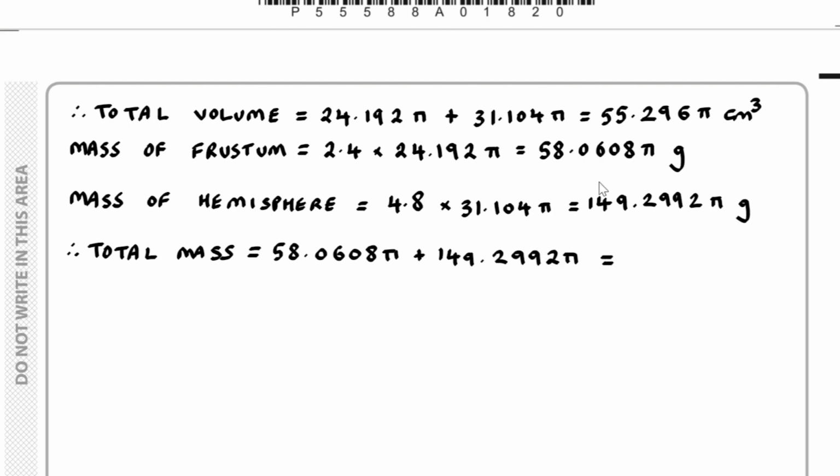So it turns out the total mass is 207.36 pi grams. And now we can find out the average density.